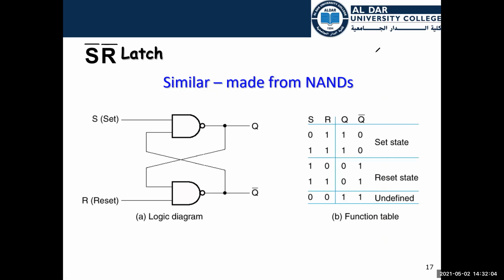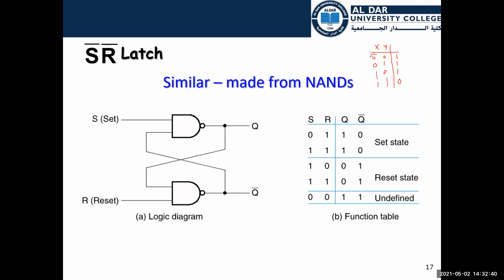Here we have X and Y, and we have 0 0, 1 0, 0 1, and 1 1. The NAND gate is the inverse of the AND gate, so this is going to be 1, 1, 1, 0.